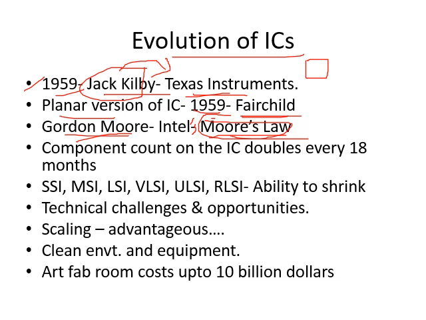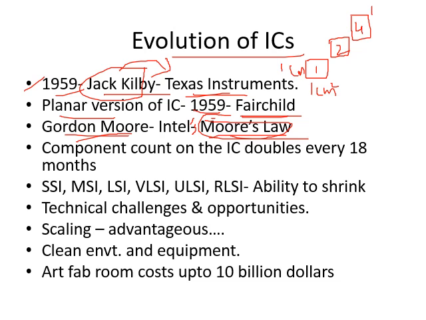Say I have a 1 centimeter by 1 centimeter IC. If in 1960 there was only one transistor, then after 18 months, on that same IC, we may have two transistors. After the next 18 months, four transistors.